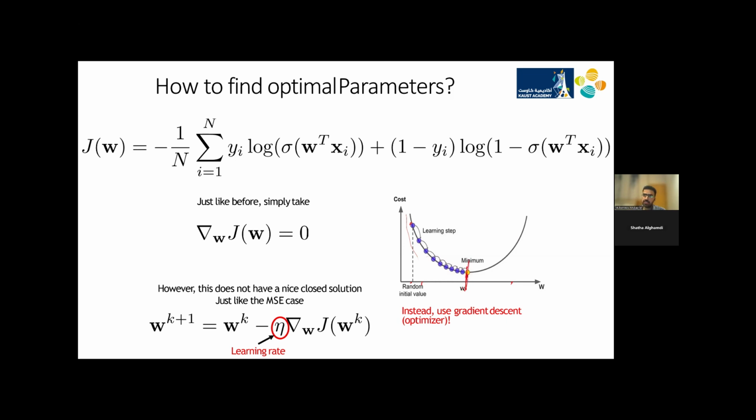But we don't know where this W is. We will only know this if we compute the cost for all the available W's and then find the minimum, which is not possible because W is a continuous value, so it can be any value between minus infinity to plus infinity. And if there are more than one weight parameters, then it just makes the whole thing more difficult, right? Any questions so far?